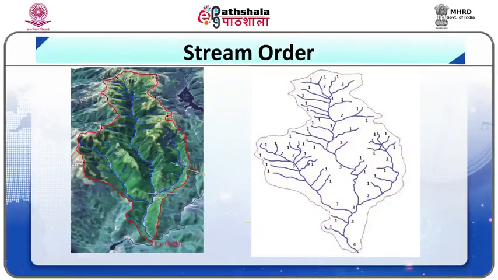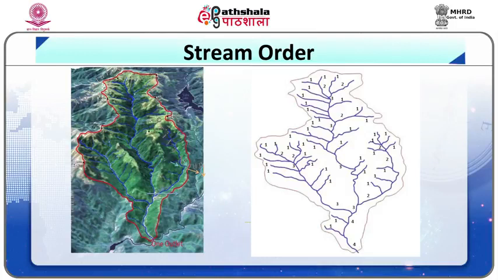The highest order stream exits the river basin where all the lower order streams ultimately converge. Here in this image, the highest order stream is the fourth order stream.